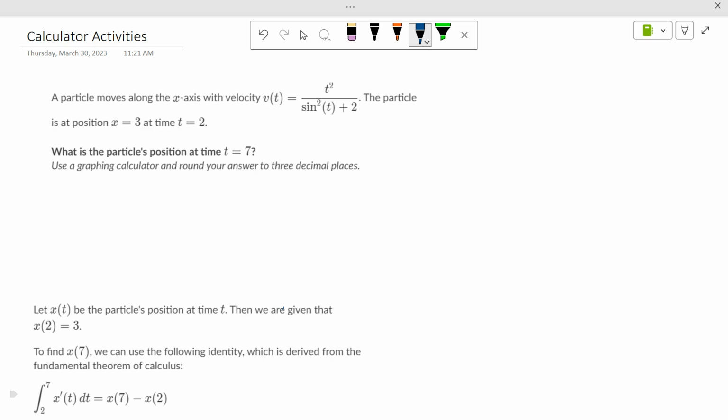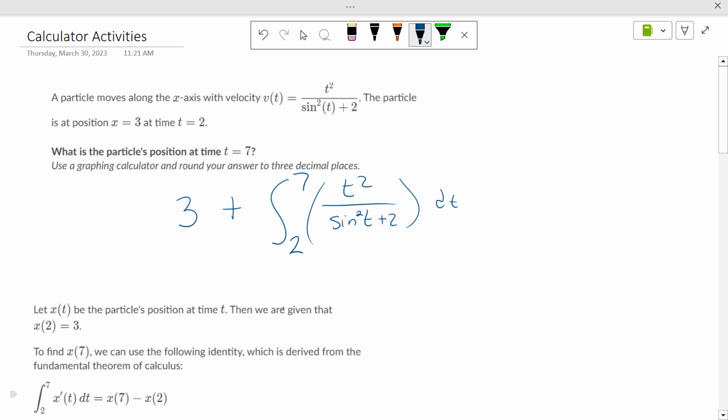Well, what's our starting point? 3 is our starting point, plus the integral from what to what? 2 to 7 of t squared over sine squared of t plus 2 dt. And that's how you'd set it up.